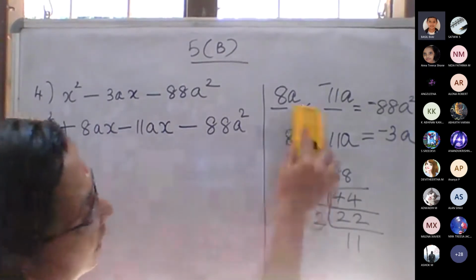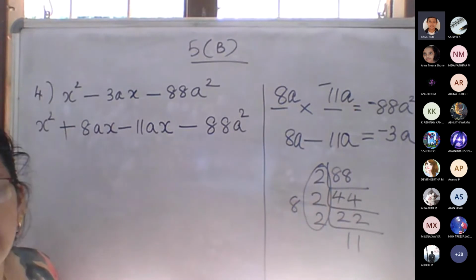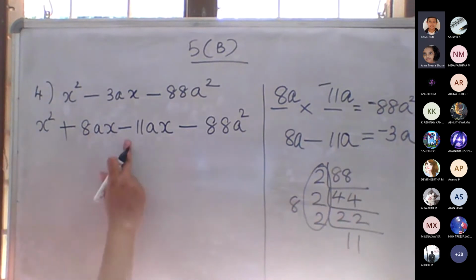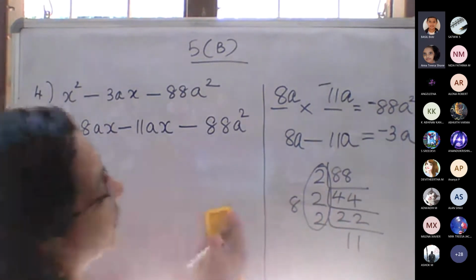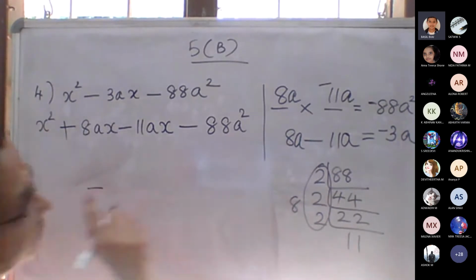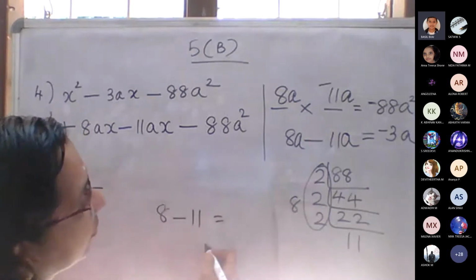This 8a and 11a. How are you taking 8a and 11a? That is your problem. In splitting that 3ax, how did 8ax come? 8 minus 11 is what?